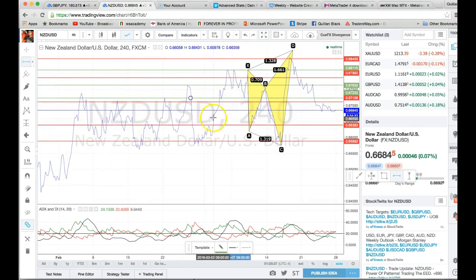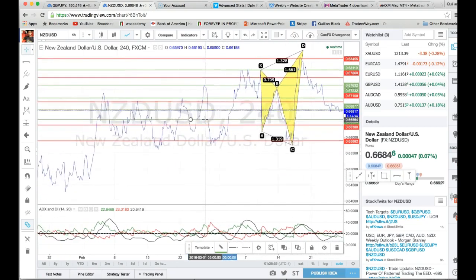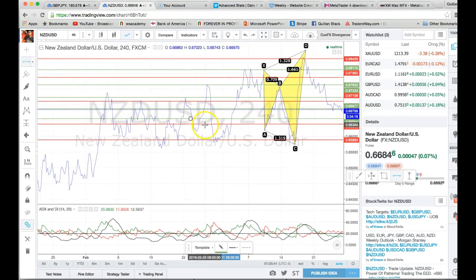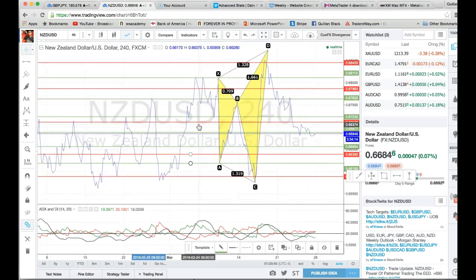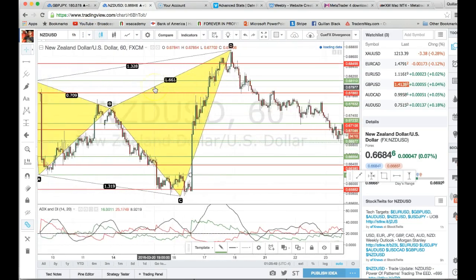Remember, 2 to 3 H4 supports and H4 resistances between each daily support and resistance that we actually chart. 2 to 3. Okay, hop on this H1.